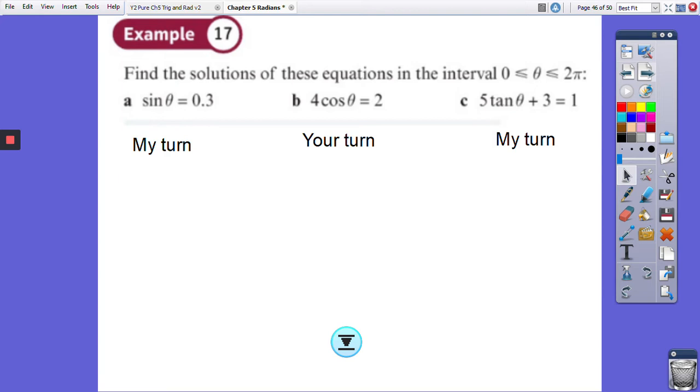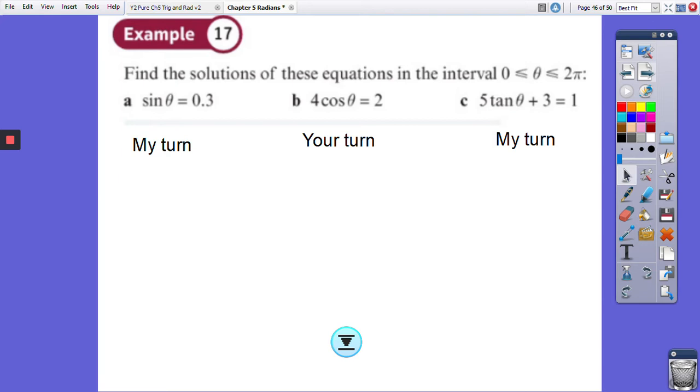So I'd like you to pause, try that question, and then the last one I will do, and then you take the notes down. And then that will be it for this video. And in the second one, you'll be able to see how to do, as I've said already, one involving identities and one where you've got a multiple of theta.